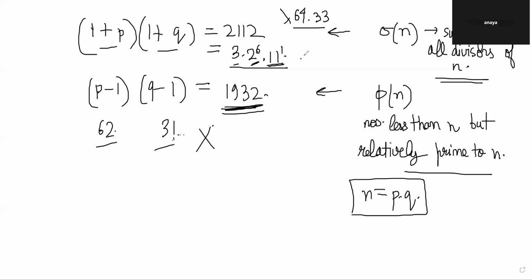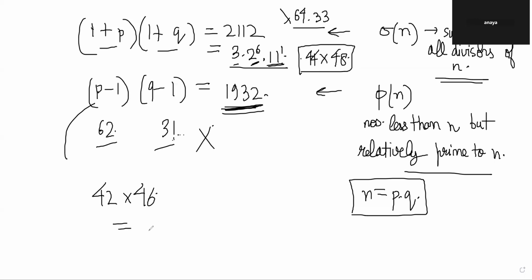We can get 44, and we have taken 4 from here. So we are left with 16 into 3, 48. So in that case, p and q are 43 and 47. So this would become 42 and 46.